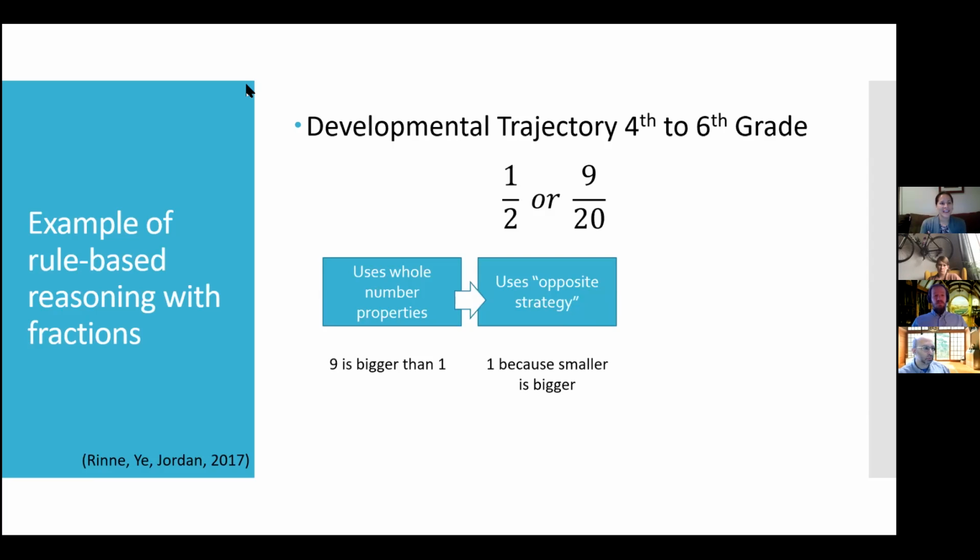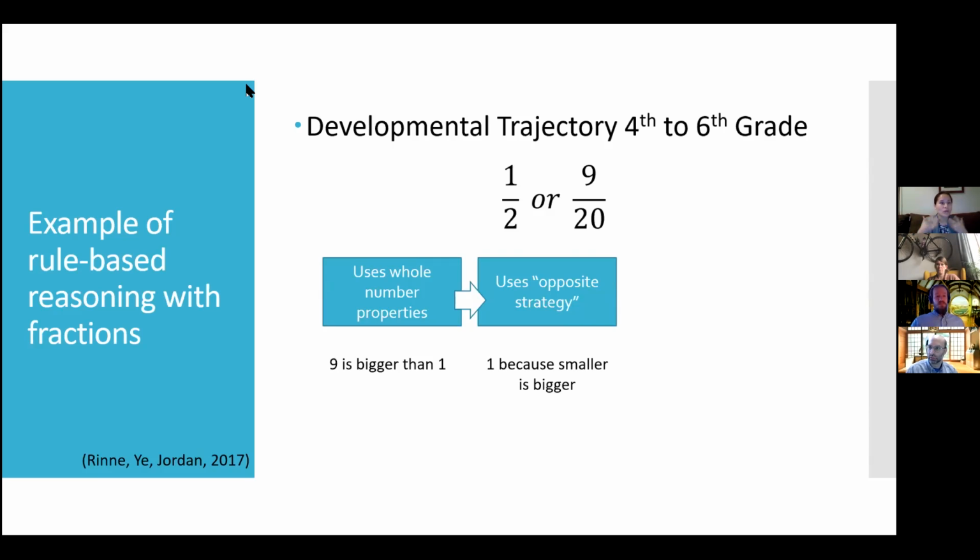But eventually they begin to adopt an opposite strategy where they say, oh man, I keep getting that wrong, it must be the opposite for fractions. So I'm going to pick 1/2 as bigger, because the smaller number is the bigger number for fractions. They're not really reasoning about the magnitude.